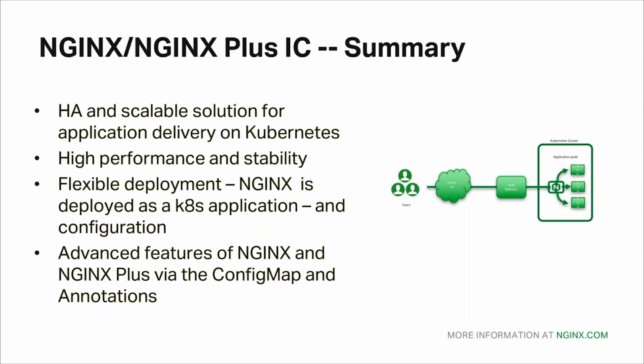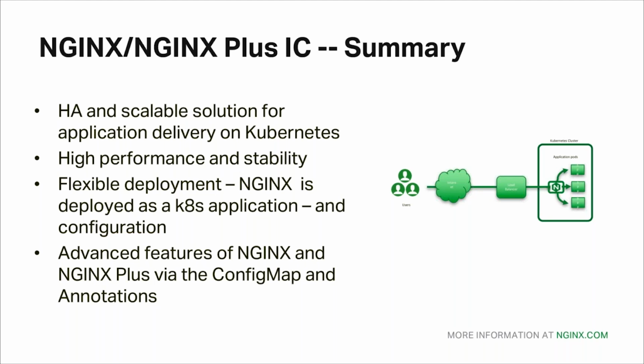Today, we saw how to use the NGINX Plus Ingress controller and how to successfully deliver a web application on Kubernetes using it. Our Ingress controller gives a scalable solution for application delivery with high performance and stability.